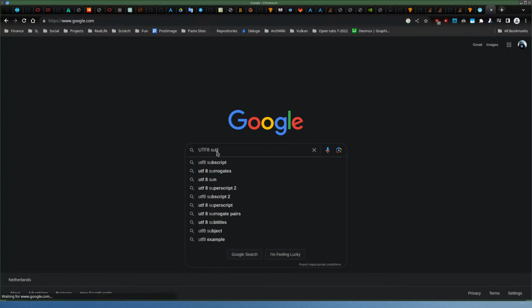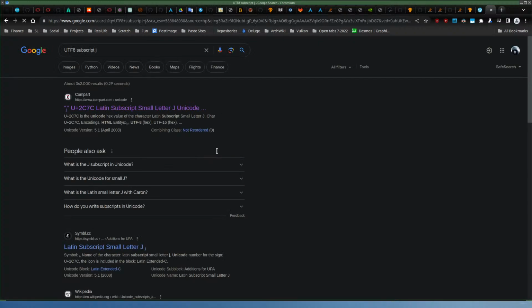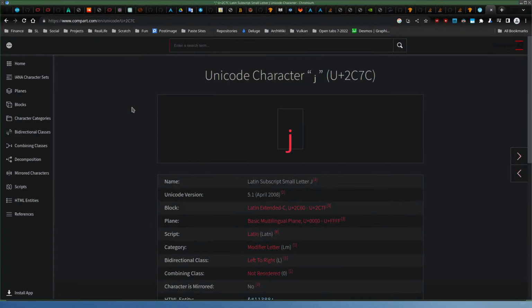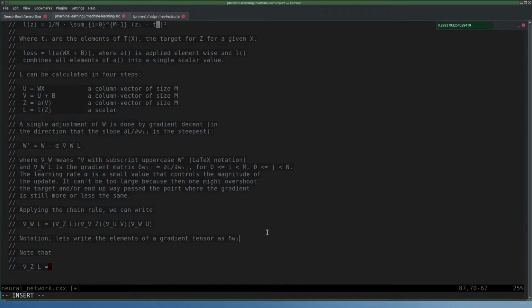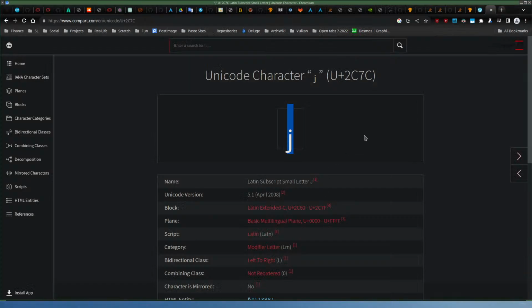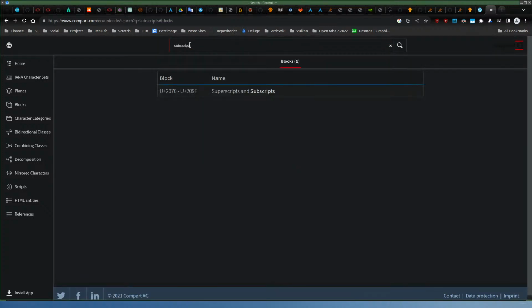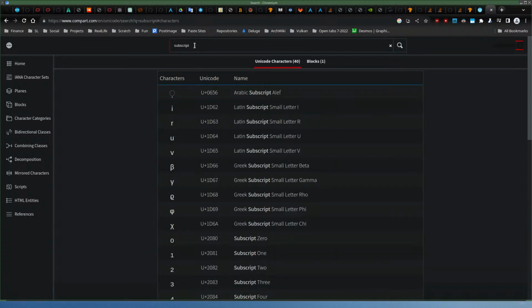UTF-8 subscript J. Now we're talking. That's what I wanted to see. J. And then subscripts. Subscripts.